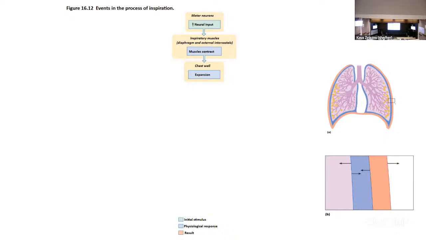Our chest wall has expanded, pulling away from where the lungs are right now, which means it's pulling a little, suctioning on that intrapleural fluid in the pleural sac. So that would be more negative, which means we'd have a larger transpulmonary pressure to distend the lungs.